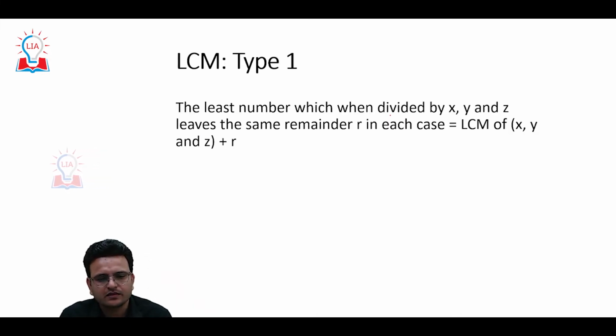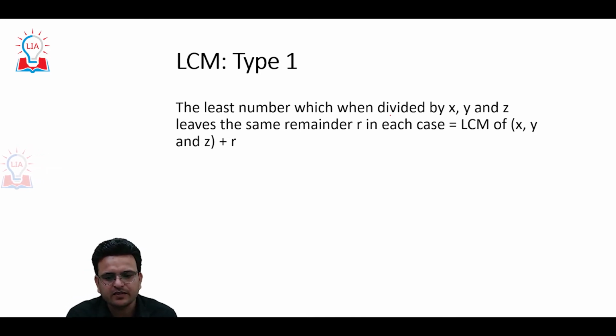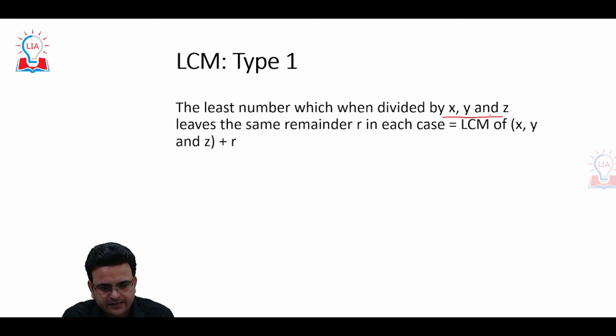Now type 1. Type 1 of the questions is like this: the least number which when divided by x, y, z leaves the same remainder r in each case. Okay. So how can we get this?